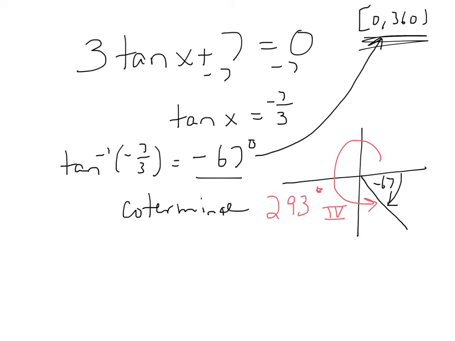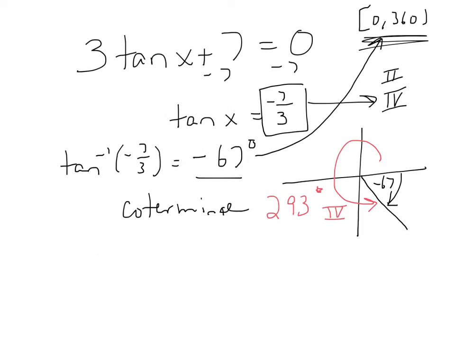We also need to take this ratio into quadrant 2, because that is the other place where tangent is negative. So when I'm looking at this here, I need to realize that my answers are going to be in quadrant 2 and quadrant 4, because those are the two places where the tangent is negative. The calculator is not going to give up the quadrant 2 answer.